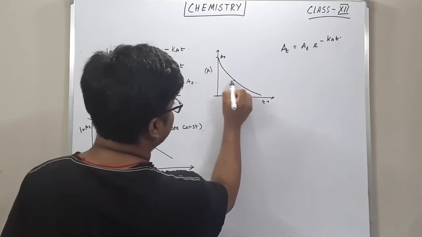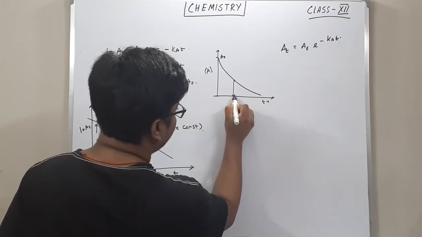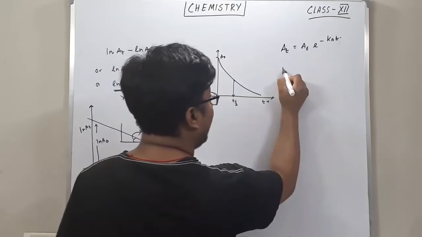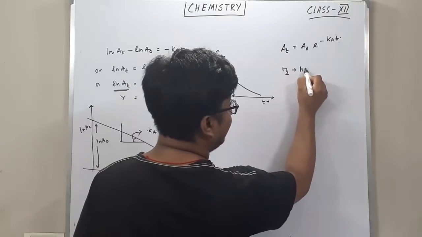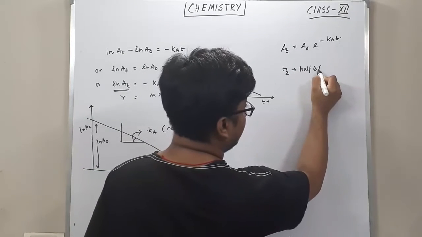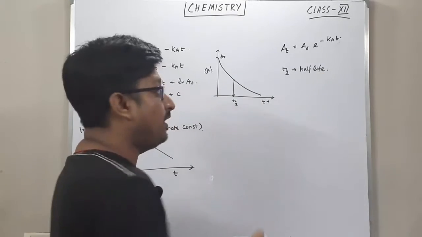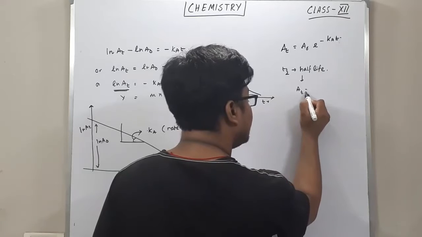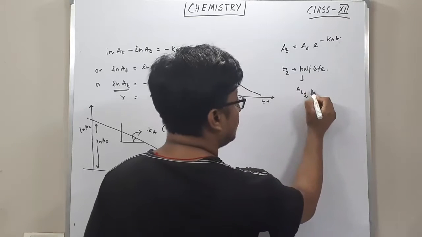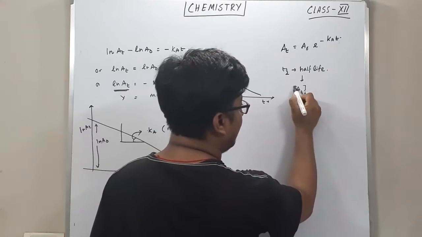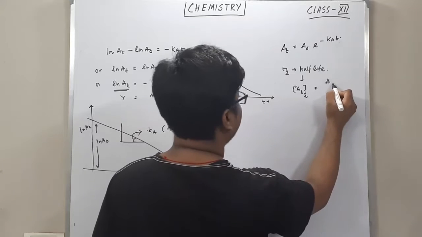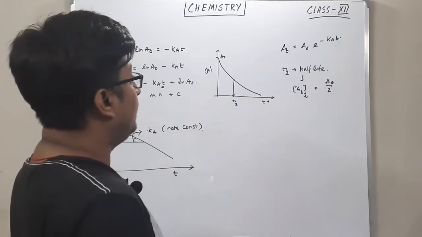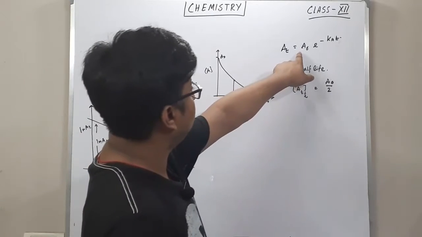Now there will be one point where you will get your half life. T half is called half life, where the concentration At half is basically A0 by 2.